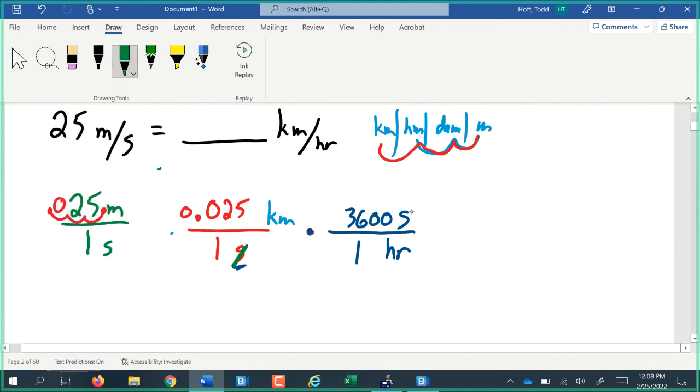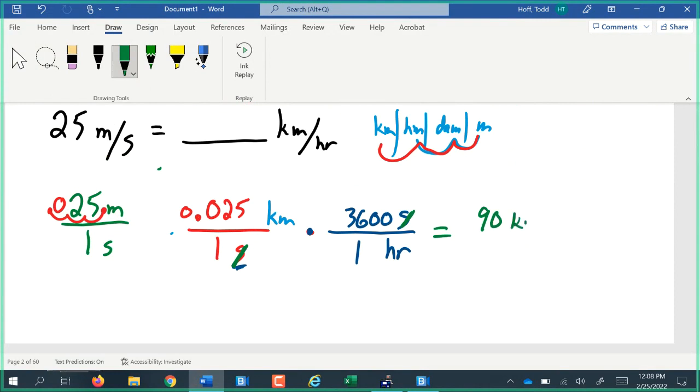So the seconds cancel out. On top, we have 0.025 times 3,600, which is 90 kilometers, over 1 times 1 hour, which is 1 hour. So there's nothing to divide out there.